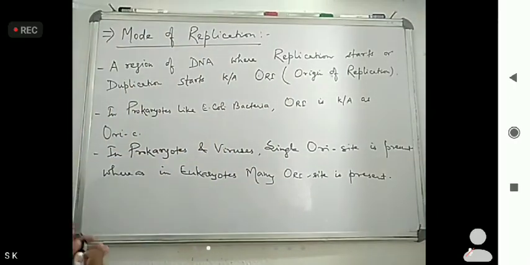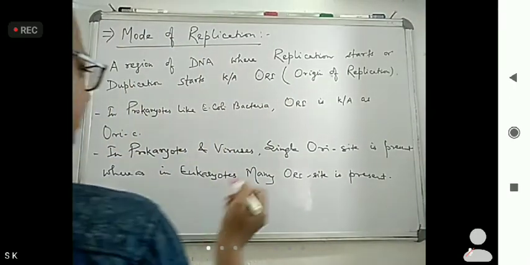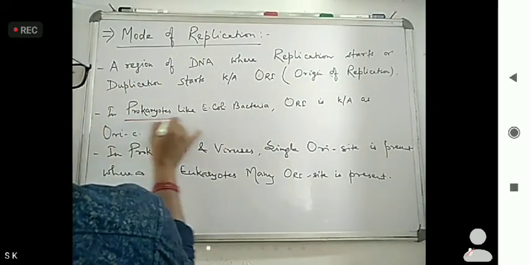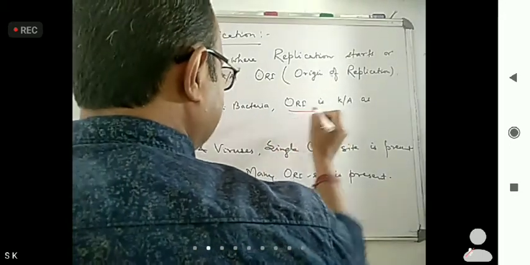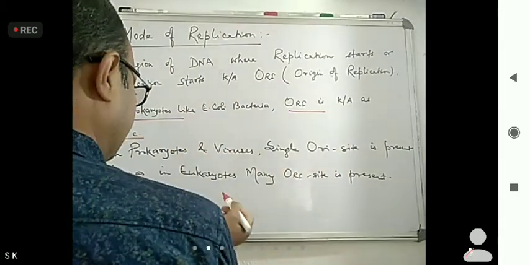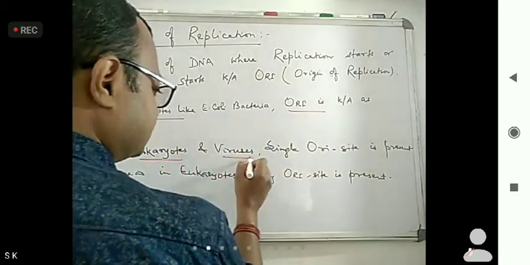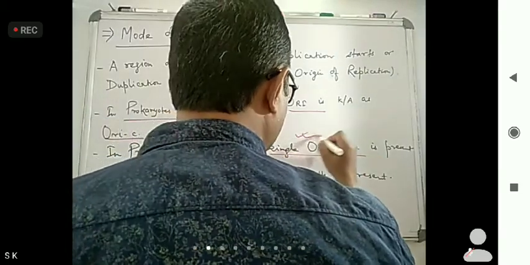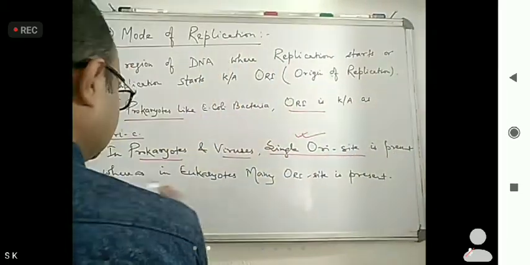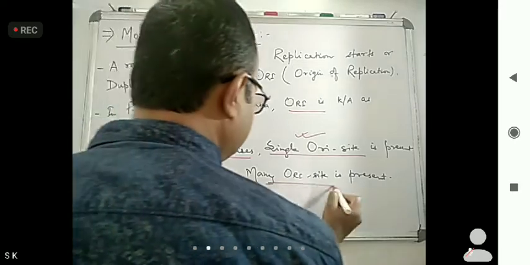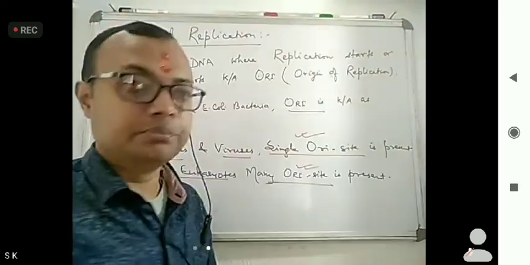This you have to remember. Okay, what I told is that in prokaryotes ORI is also known as ORI-C, and in prokaryotes and viruses only a single ORI site is present, but in eukaryotes many ORI sites are present.